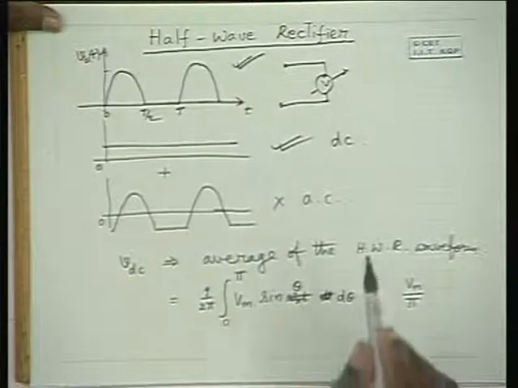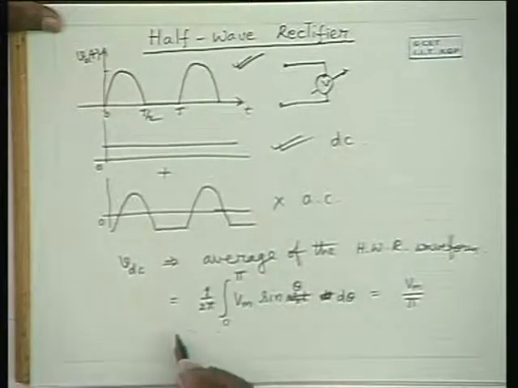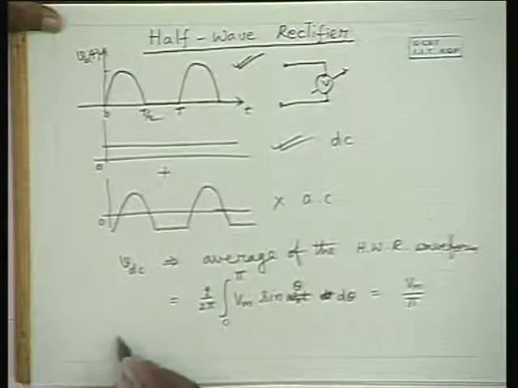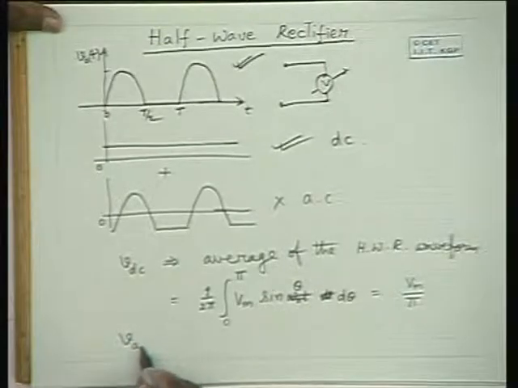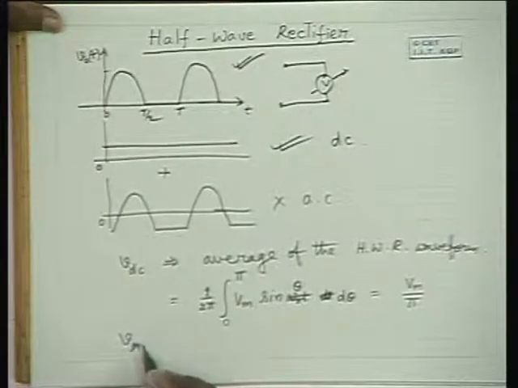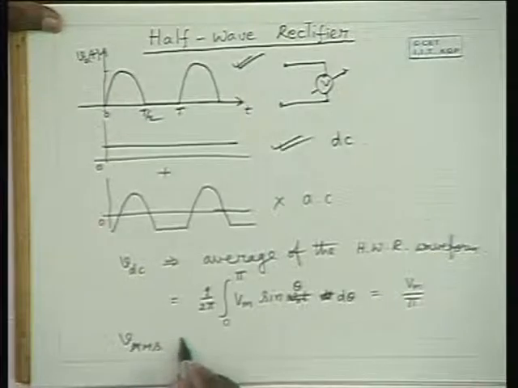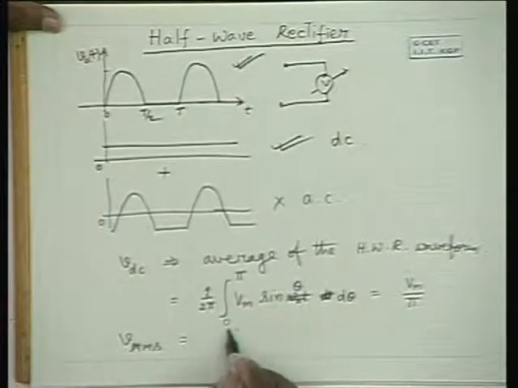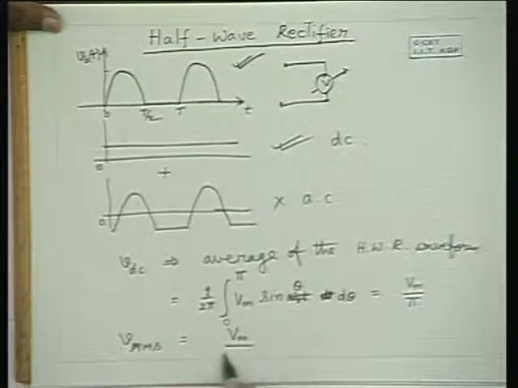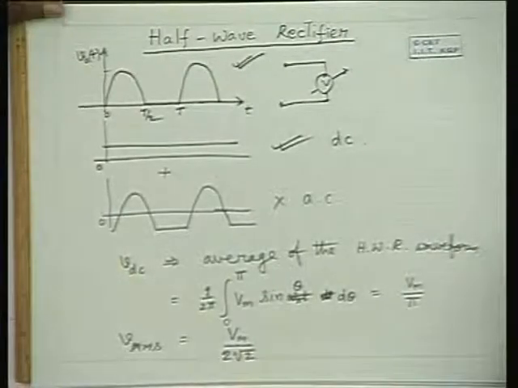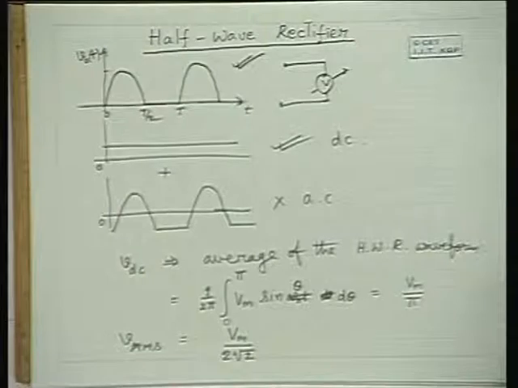You will find that the RMS component is equal to Vm by 2, which is Vm by 2 into square root of 2 for a sinusoid over the full cycle, so this is the root mean square value of this signal.